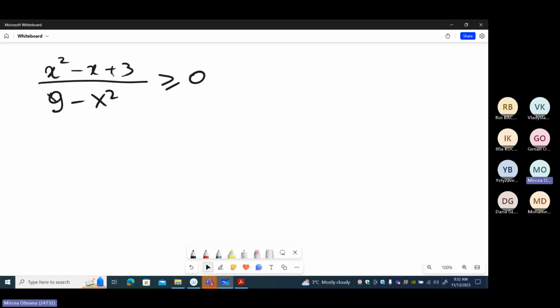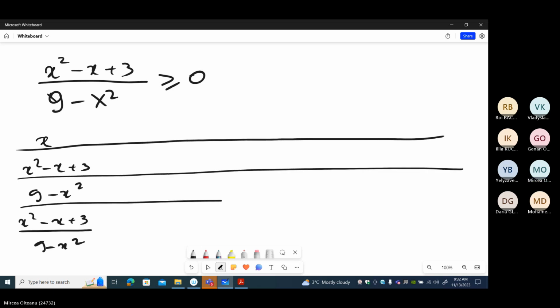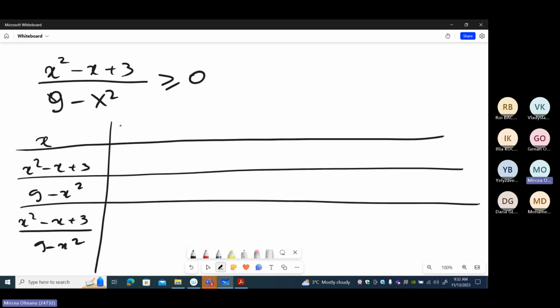In order to find the sign of this ratio, I have to complete the following table: the sign of the numerator, the sign of the denominator, and finally the sign of the ratio. X takes values from minus infinity to infinity.